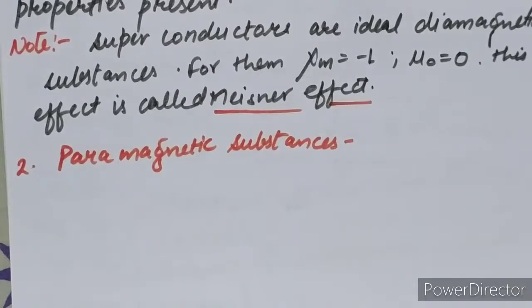Now this type of material has unpaired electrons in its atoms, so every atom has a magnetic moment, and the net magnetic moment in the absence of an external field is 0, because of the random orientation developed due to thermal agitation.